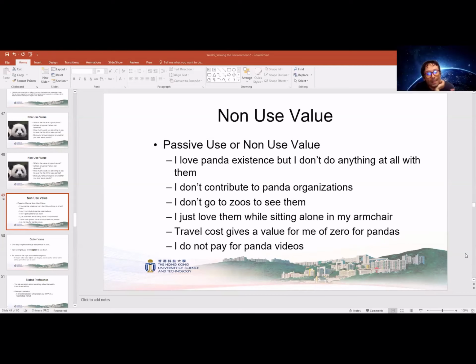Mm-hmm. I was thinking about the market value. Yes. So it could apply to many different things. Like you never visit Yellowstone. You don't plan to visit Yellowstone in 10 years, in 20 years, whatever, in your lifetime.